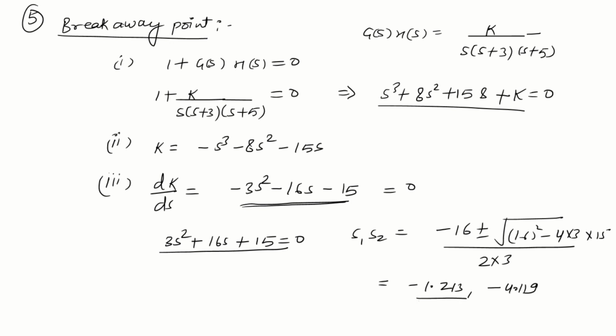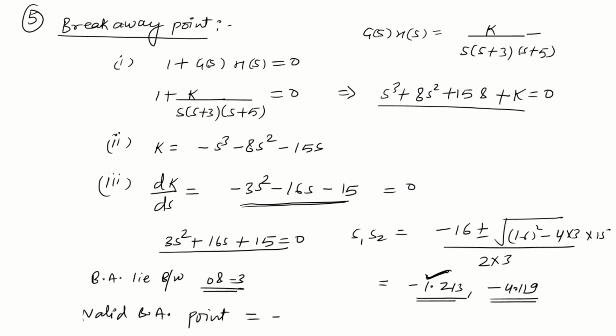So out of these two values, only one value is the valid breakaway point. Now in the previous slide we already discussed that the breakaway point lies between 0 and minus 3. Hence we can say this value is the valid breakaway point. So the valid breakaway point is minus 1.213.